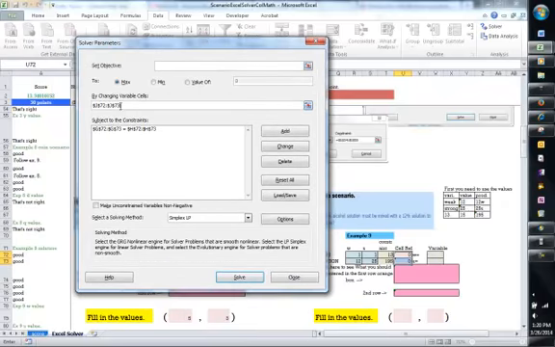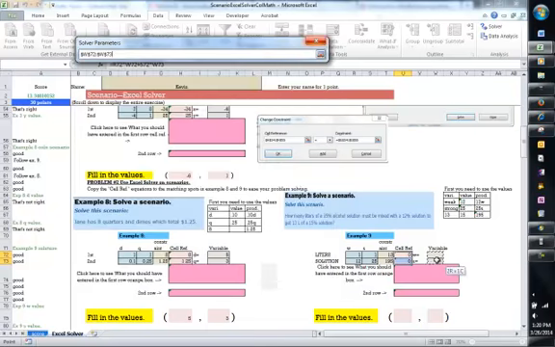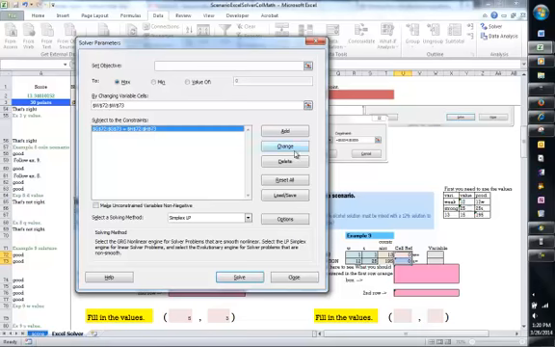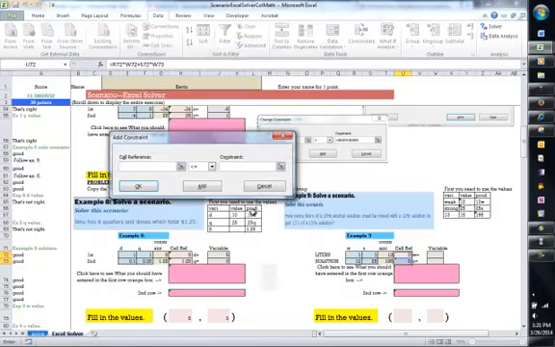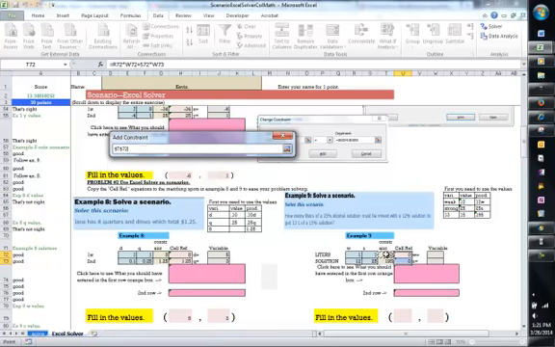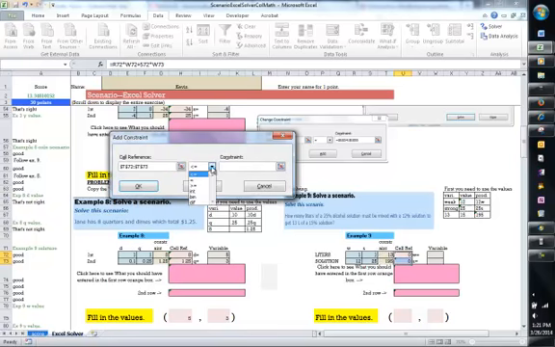I'm going to change my cell references because I now have to use these two here. And I'm going to change my constraints, delete that one, and add a new one that says these two values here are equal to the cell references here.